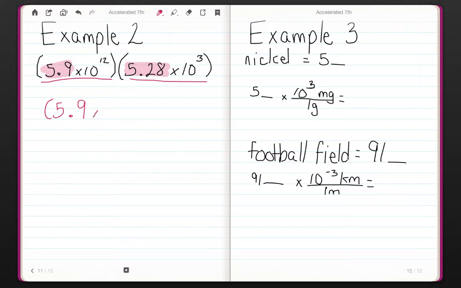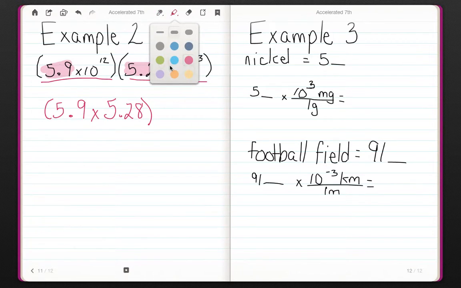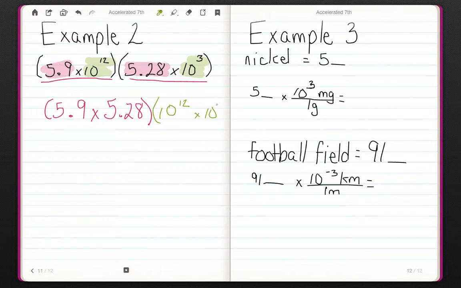5.9 times 5.28, and multiply that by the numbers with the exponents, 10 to the 12th times 10 to the 3rd.